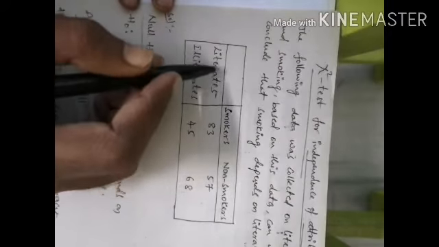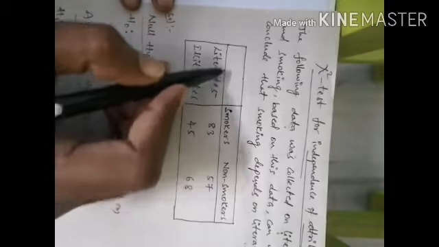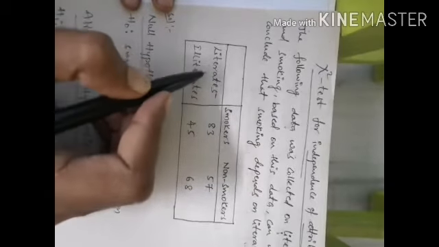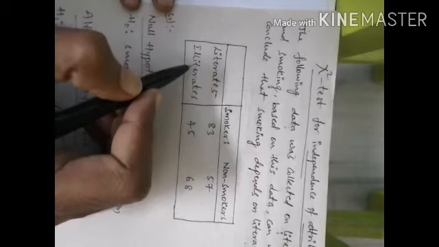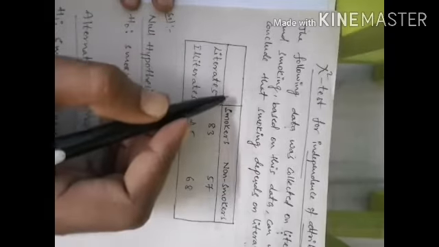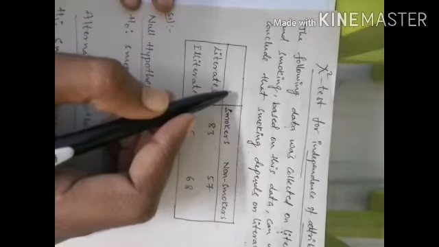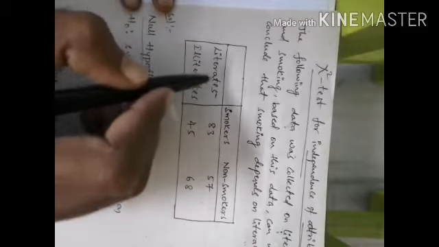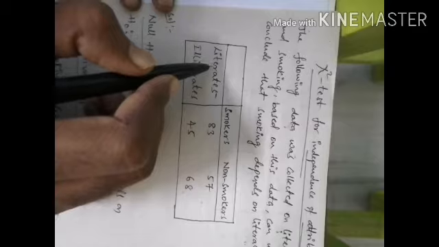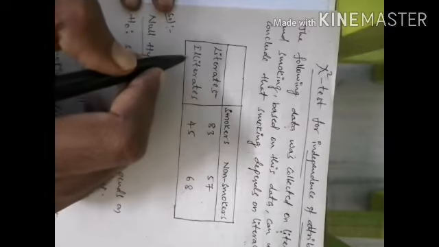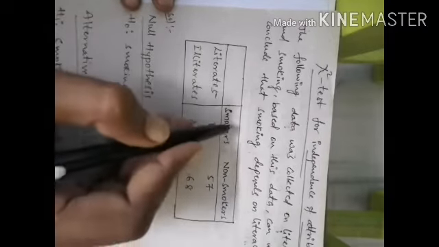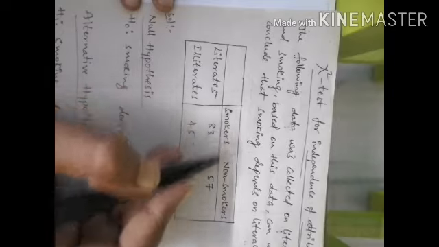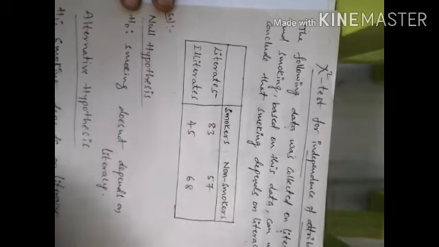Here I am taking the attributes as A and B. Capital A represents literacy, and attribute B represents the smoking. Here a1 means literates, a2 means illiterates, b1 means smokers, b2 means non-smokers.